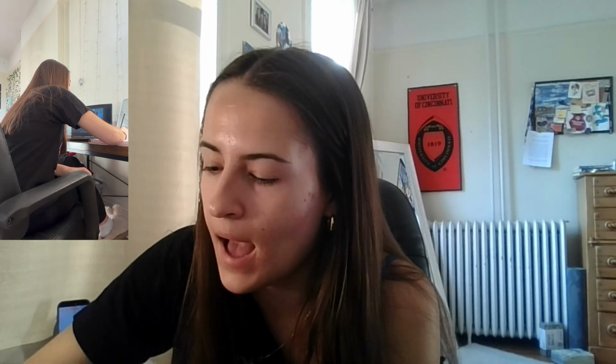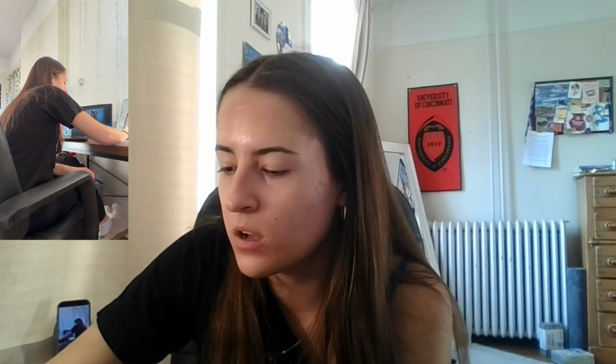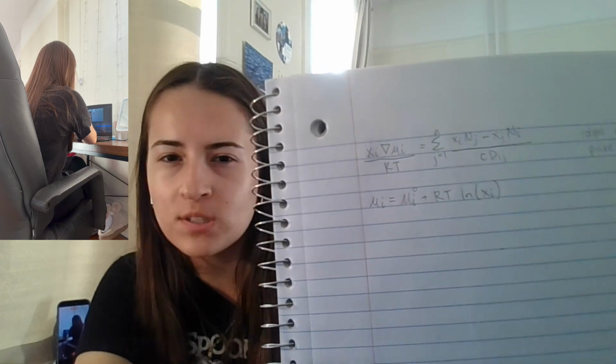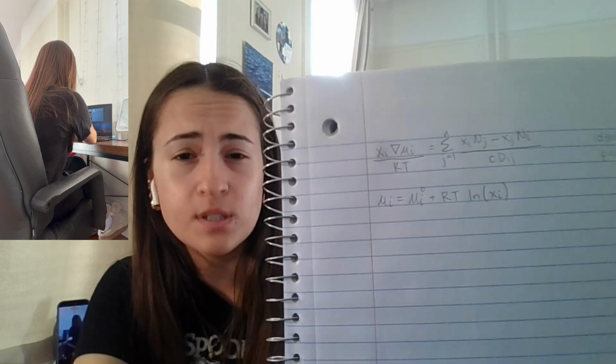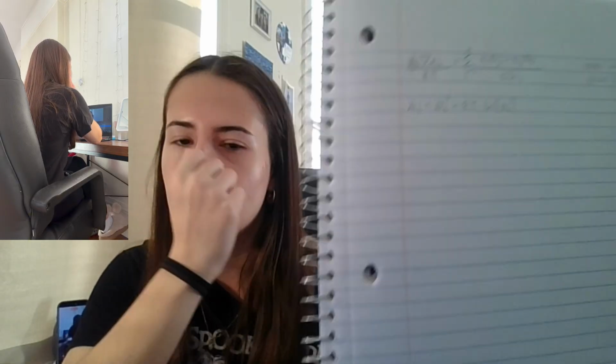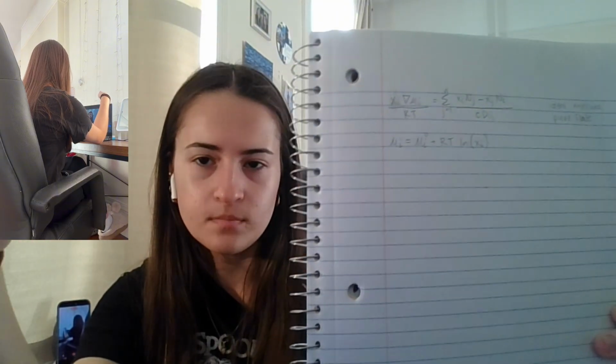So we're going to add the gas constant R times temperature T times the natural log of our mole fraction of i. This addition considers the fact that the chemical potential is not going to be equal to the reference chemical potential in normal circumstances. And since we're looking at a pure state, we want to look at the reference chemical potential.